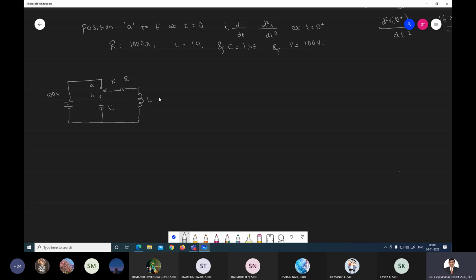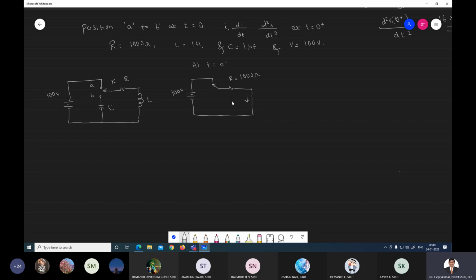You have to assume like this because earlier at t is equal to 0 minus, the switch is in position A. So in this position, the resistor and inductor act as a short circuit and the current will be flowing in this inductor. This is because it is given as 100 volt and the resistor is R is equal to 1000 ohm.